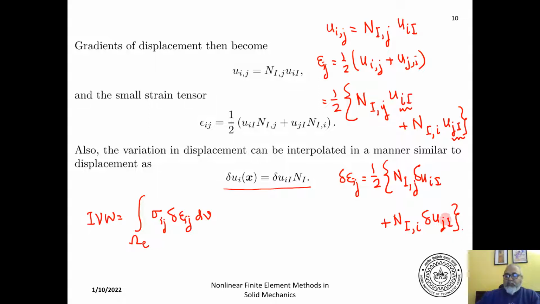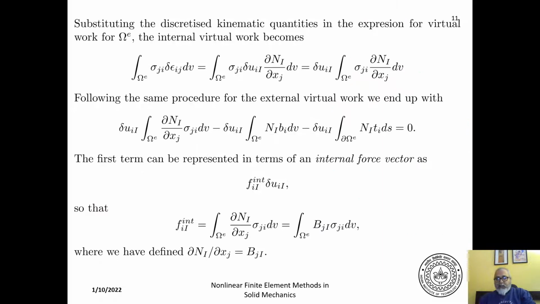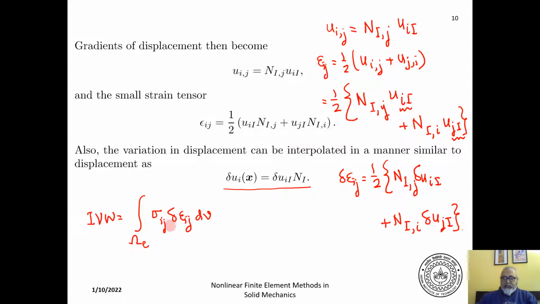So this is your del epsilon ij. But before using this, we can actually use the symmetry of the Cauchy stress tensor to write this as sigma ij, and we have done this before.